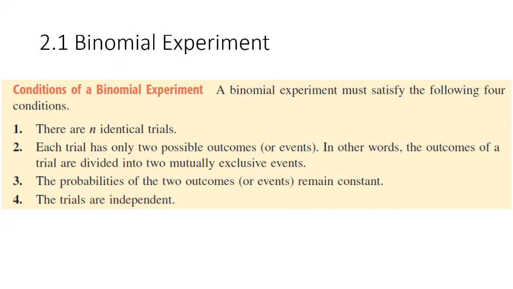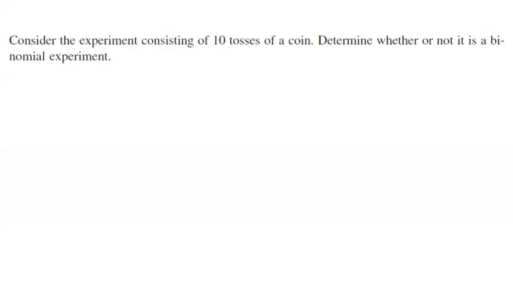In other words, the outcomes of a trial are divided into 2 mutually exclusive events. 3. The probabilities of the 2 outcomes or events remain constant. 4. The trials are independent. Remember, there are 4 conditions of a binomial experiment. Okay, then let's see some examples.